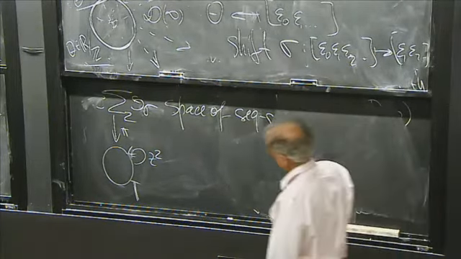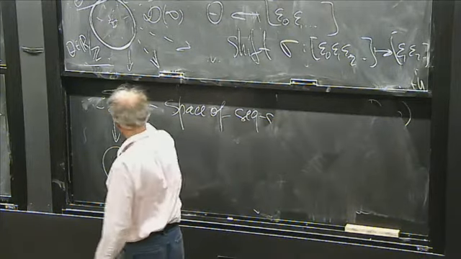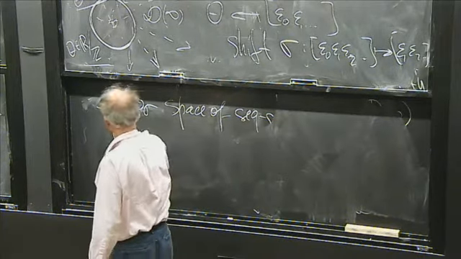So we have such a diagram, which is called semi-conjugacy.